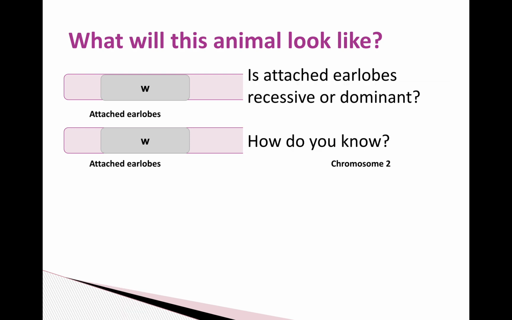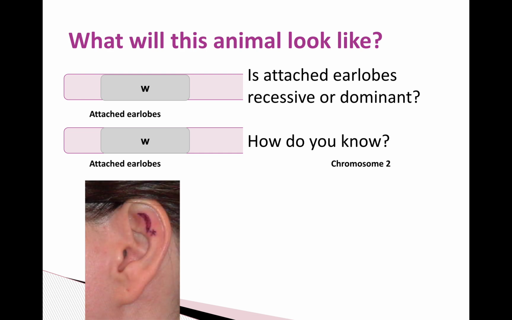So is attached earlobes recessive or dominant? The only reason they have it is because they have 2 small letters, so that makes it recessive. Because remember, dominants are written as capitals. So that is your attached earlobe there, small letter, so it's a recessive characteristic.